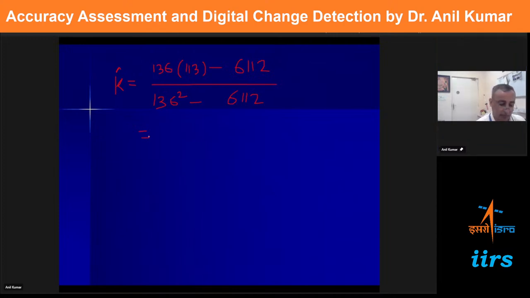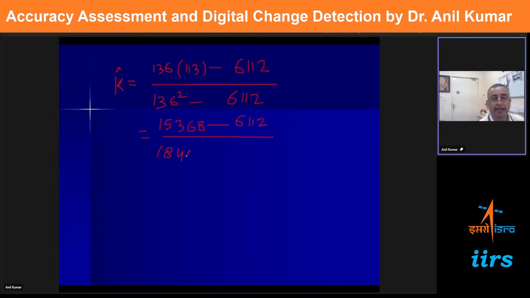Now we can calculate this value. 136 into 113 is 15368, minus 6112, divided by 136 into 136, which is 18496, minus 6112.